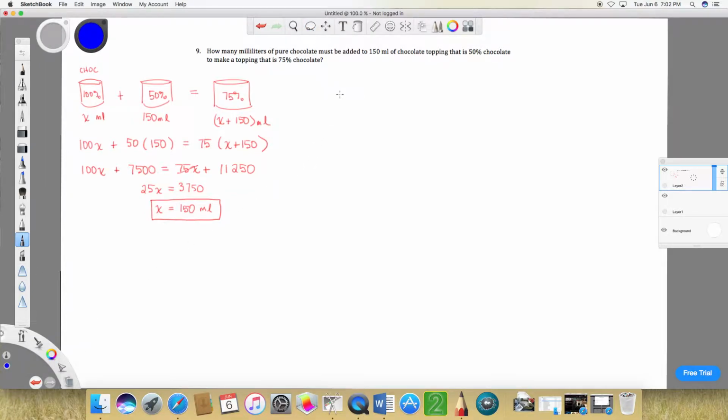So if we do the same problem with the seesaw method, we identify what we call the weak concentration, the in between, and the strong. And what was weak here was the 50% chocolate.